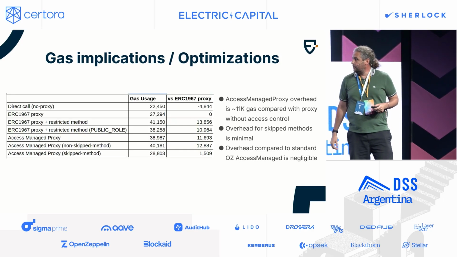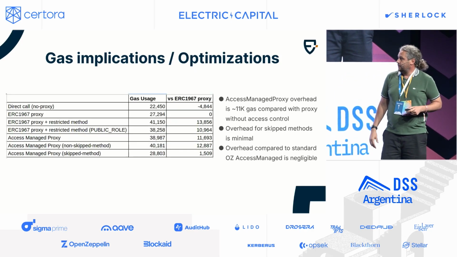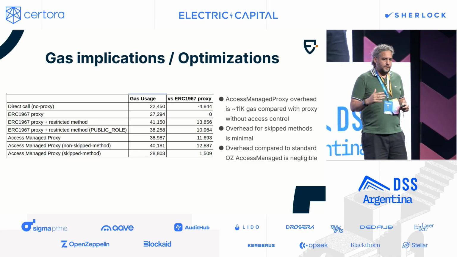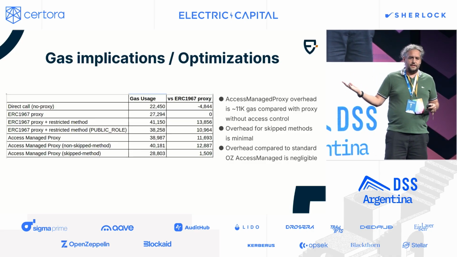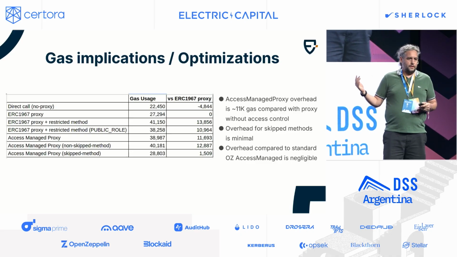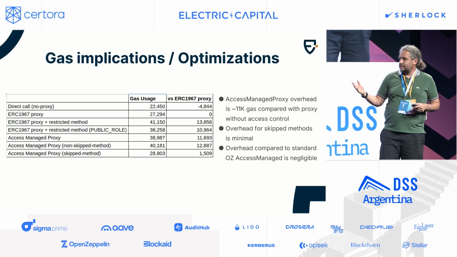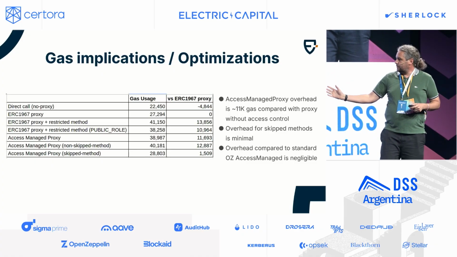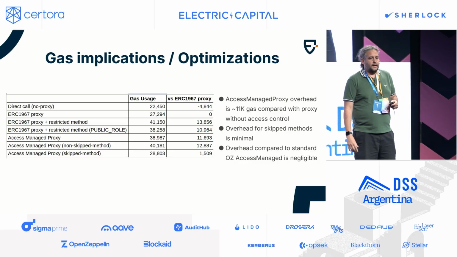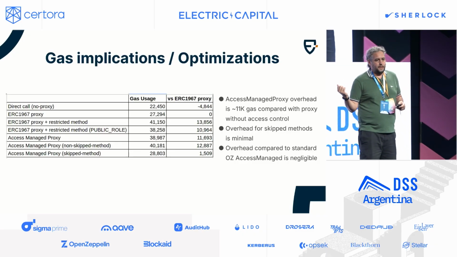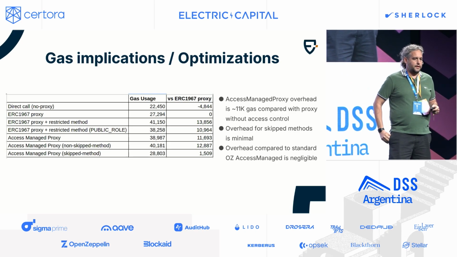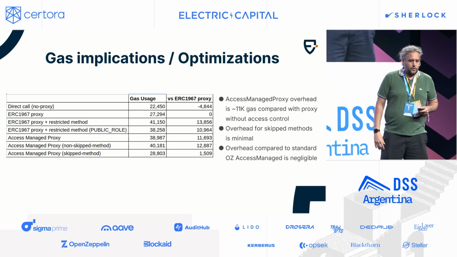And we will see, in terms of gas implication, the gas overhead of using this approach is minimal. For a skipped method, it's exactly the same as using a proxy. So the difference is only 1,000 to 1,500 gas. And for non-skipped methods, it's more or less the same as using the access manager pattern of OpenZeppelin.